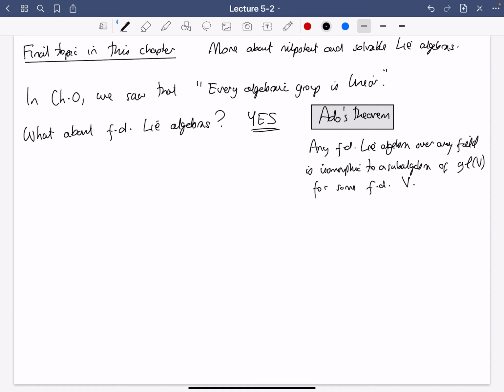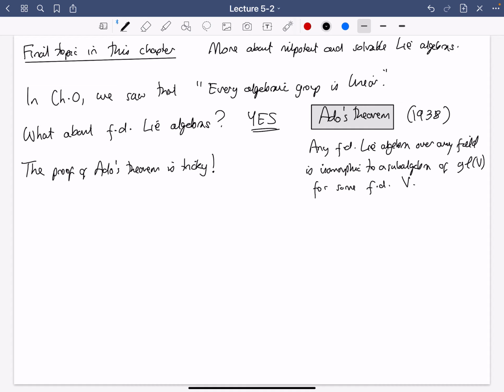So it's kind of exactly as you would expect, but actually the proof of Ado's theorem is reasonably tricky. I think it was proved in 1930, maybe 1938, it was around then, which is significantly later than most of the theory we're talking about.